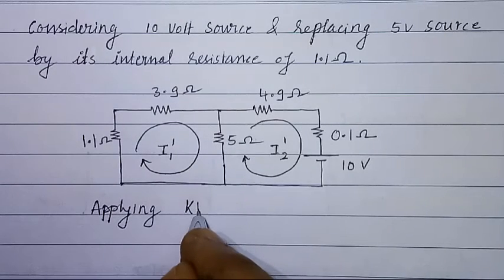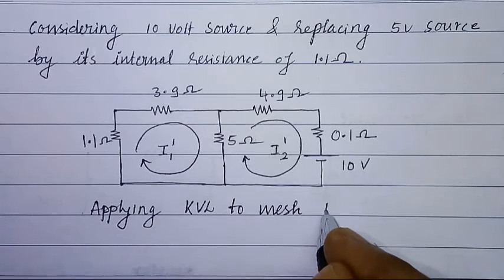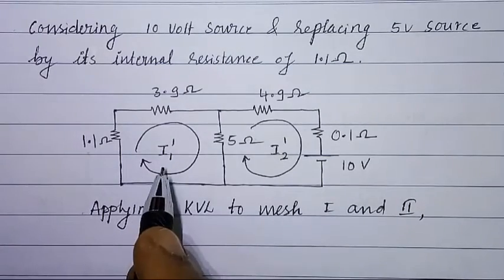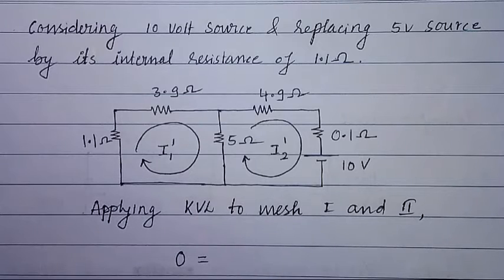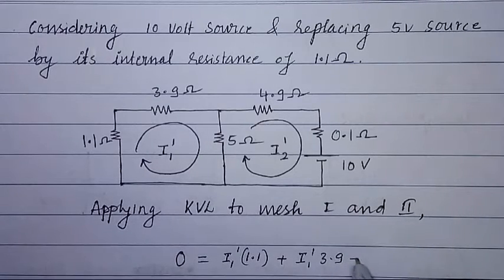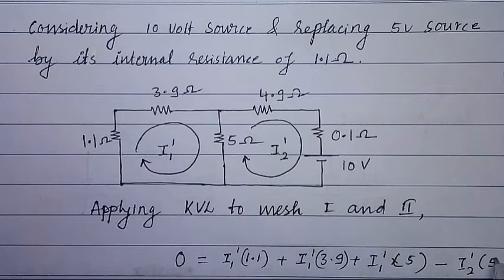Applying KVL to mesh 1 and 2. In first mesh we have no voltage rise, therefore 0 equal to I1 dash into 1.1 plus I1 dash into 3.9 plus I1 dash into 5 minus I2 dash into 5.